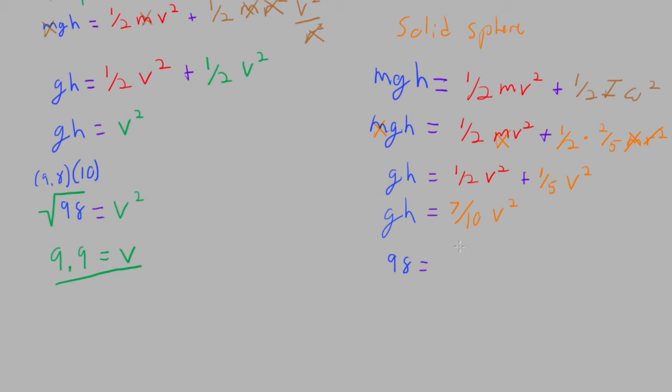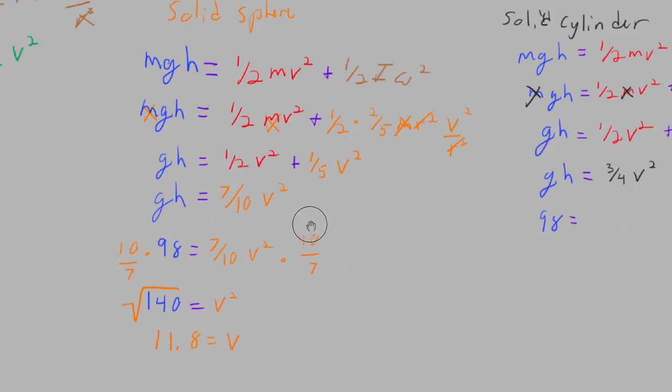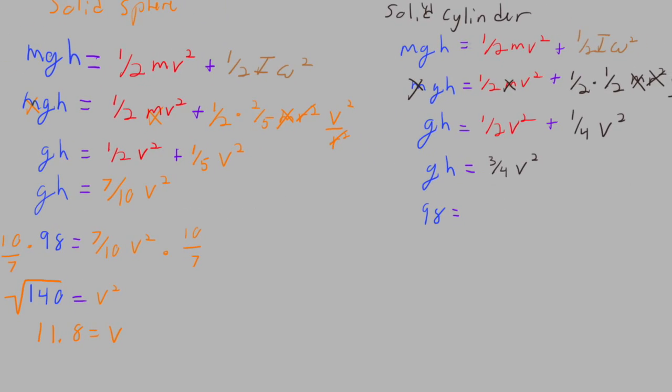If I look at the solid sphere, well, that's going to be 7/10 v squared. So I'm going to multiply both sides by 10/7. And I end up with 140 equals v squared. And if I take the square root of both sides, I'll end up with 11.8 equals v. And now for my solid cylinder.